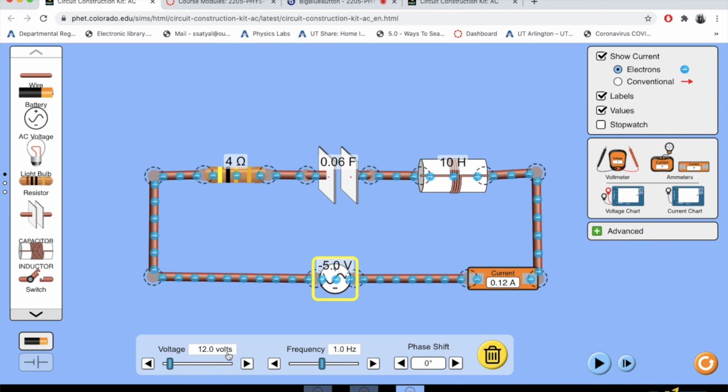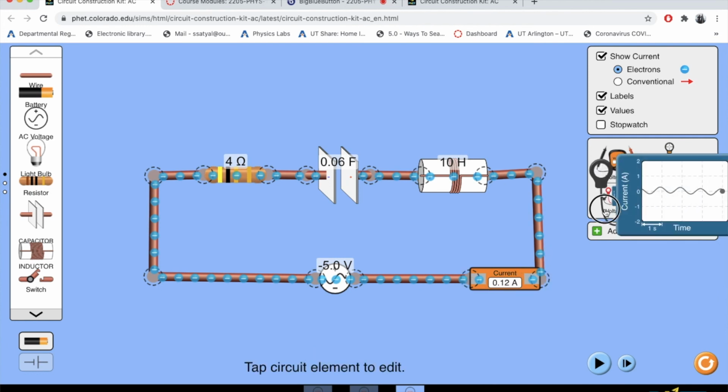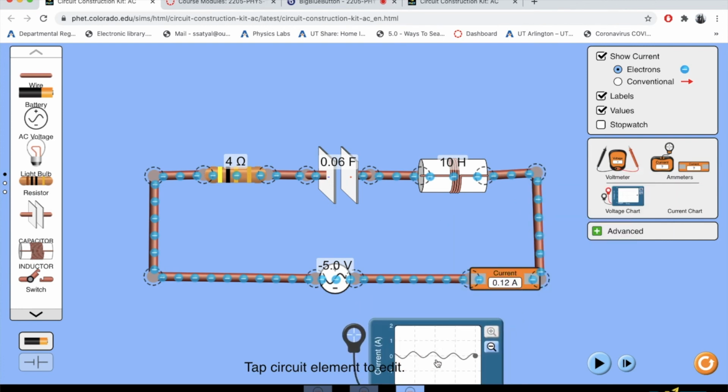Give the required voltage, provide voltage across the AC source as it says, and here's your resistor, capacitor, and inductor of 10 henry. Inductance is measured in henry. That's 10 H, 0.06 farad, and 4 ohm is your resistor. Here, one new thing is I've added a current meter, an ammeter, right here in the circuit, so I can also have a current measurement.